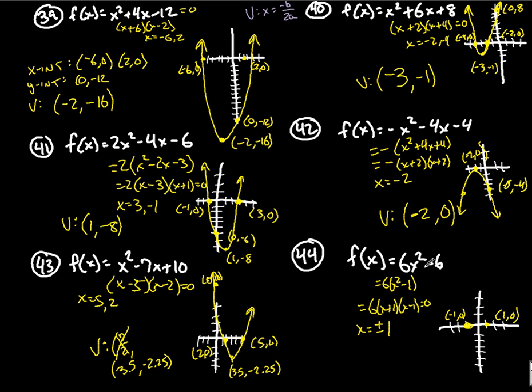My y-intercept is at 0, negative 6, and my vertex point is negative b over 2a. Well, I don't have a b, so that means my x value is just 0. And that means that my y-intercept, we already knew, of negative 6 is where my y value is for the vertex. So now I have a nice skinny view to end it off.